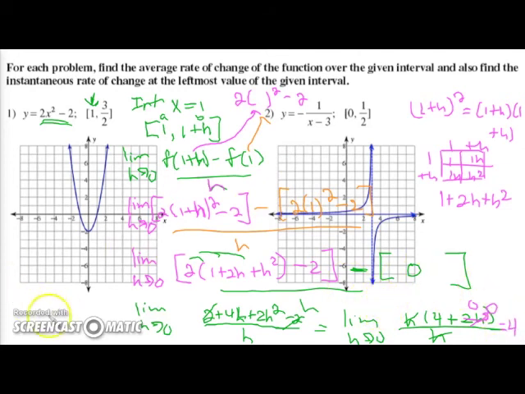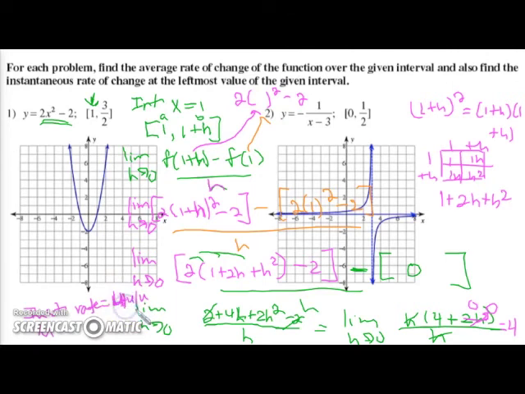So my instant rate is 4. This formula means that my instant rate, my slope of the instant rate, okay, is equal to 4 units per unit.